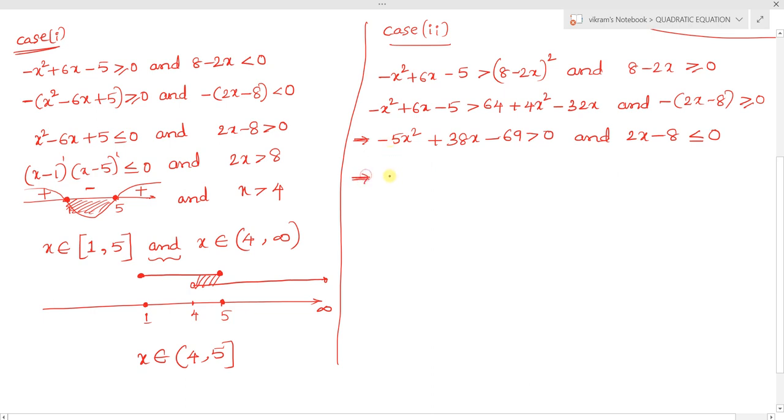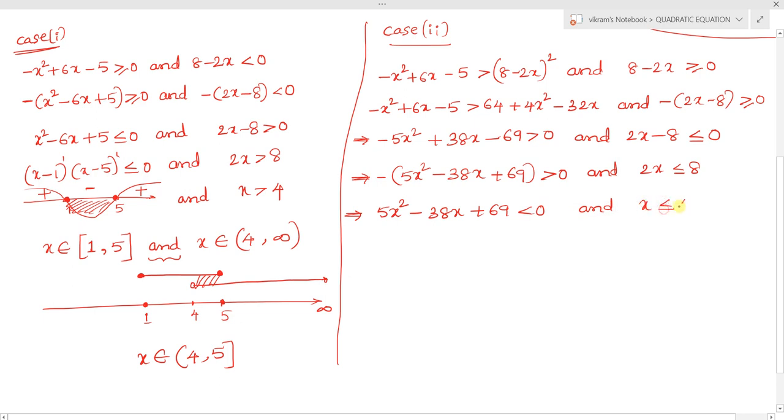Now if we take minus as common, we can write minus of (5x squared minus 38x plus 69) is greater than 0, and 2x is less than or equals to 8. And if we multiply the inequality with the negative sign, it changes: 5x squared minus 38x plus 69 less than 0, and x less than or equals to 4.